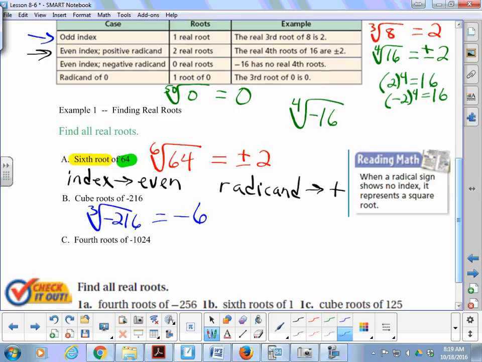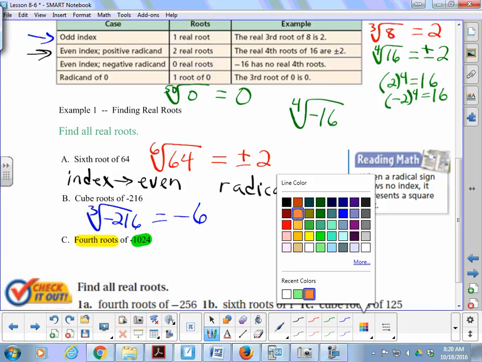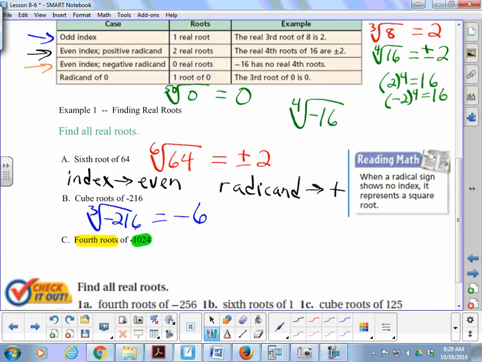Letter C, fourth roots of negative 1,024. Once again we have fourth roots, so that's an even index. We've got negative 1,024, which is a negative number. So we're talking about an even index and a negative radicand, so there are 0 real roots.